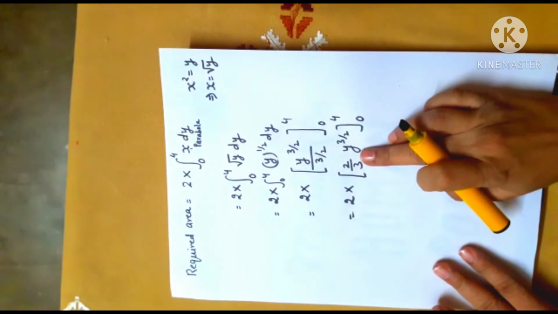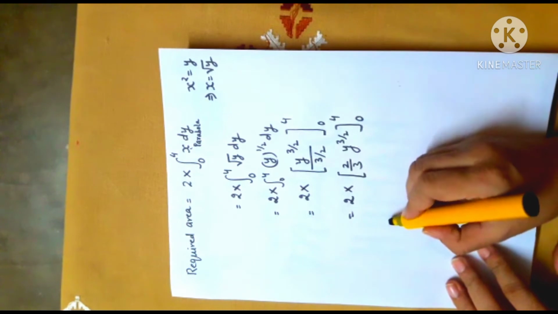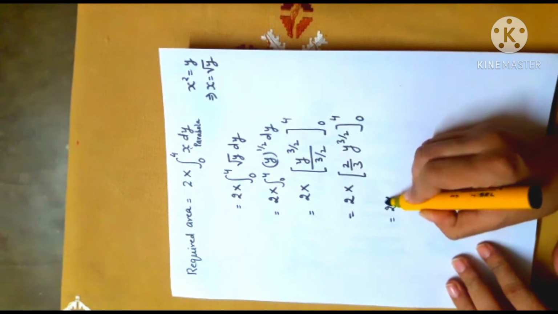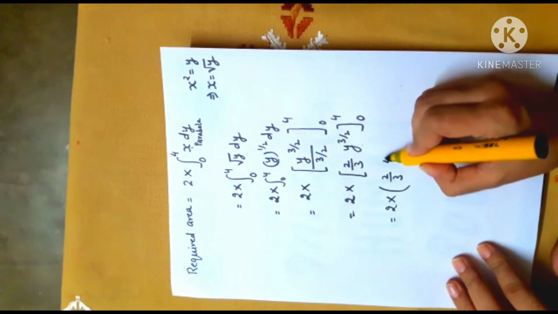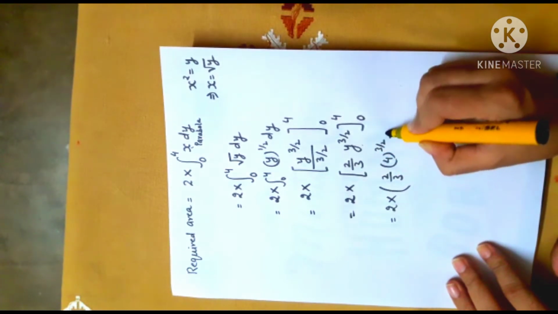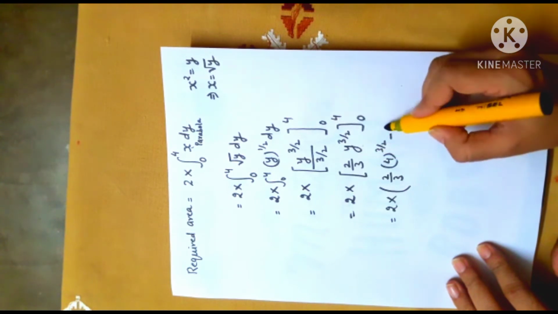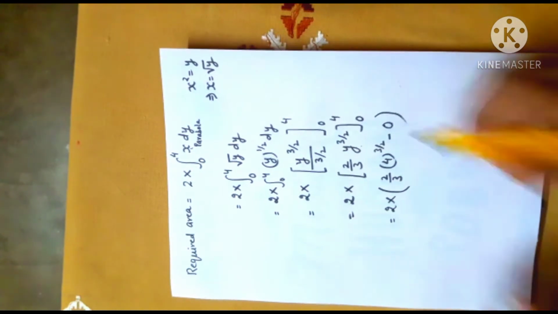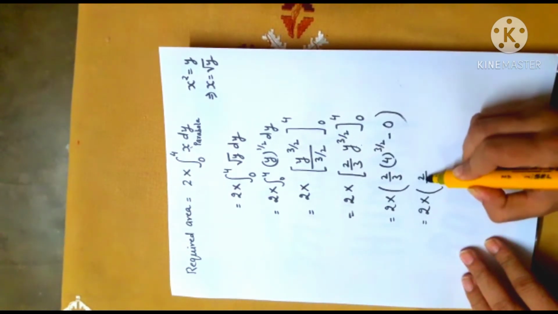Now this is value of this at the upper limit minus value at the lower limit. So first I'll compute the value at the upper limit. It's 2 by 3, replace y with 4, minus value at the lower limit. When I replace y with 0, I'll get 0. So lower limit is 0. So I'll get here 2 by 3.